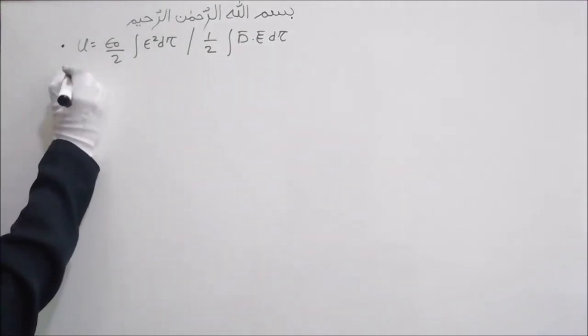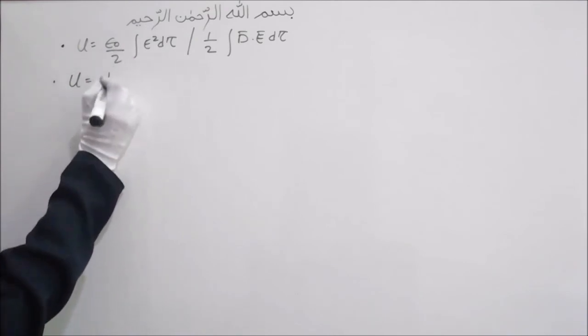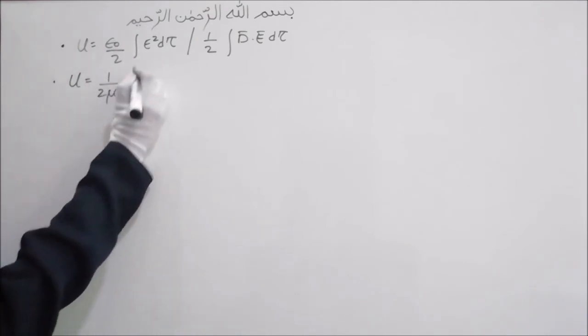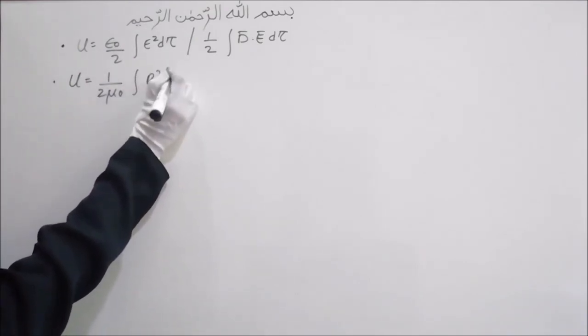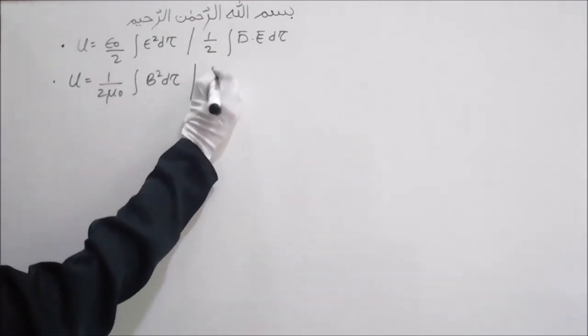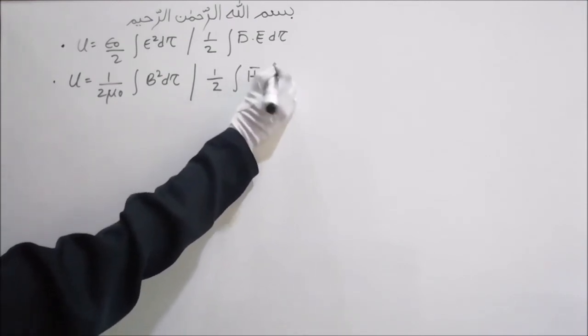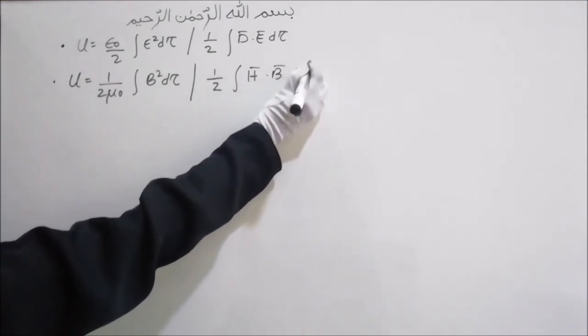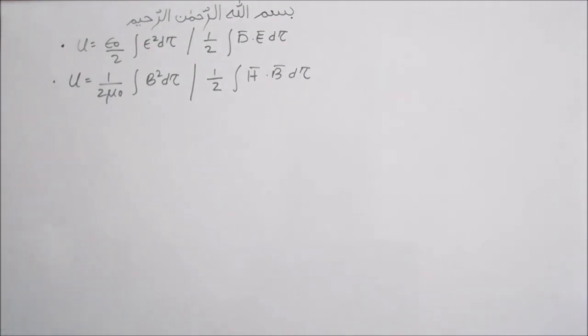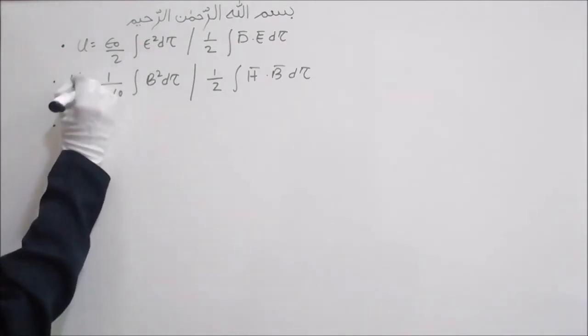Here in magnetostatics we have U equal to, 1 by epsilon becomes mu naught, so 1 by 2 mu naught integration over all space B squared d tau. And if we have a magnetic material, then this becomes 1 by 2 integration H bar dot B bar d tau.